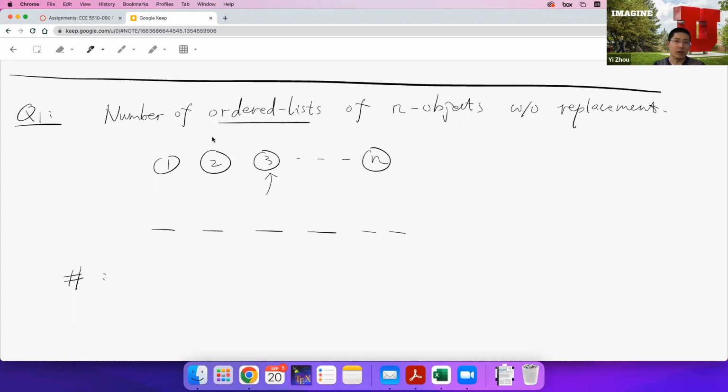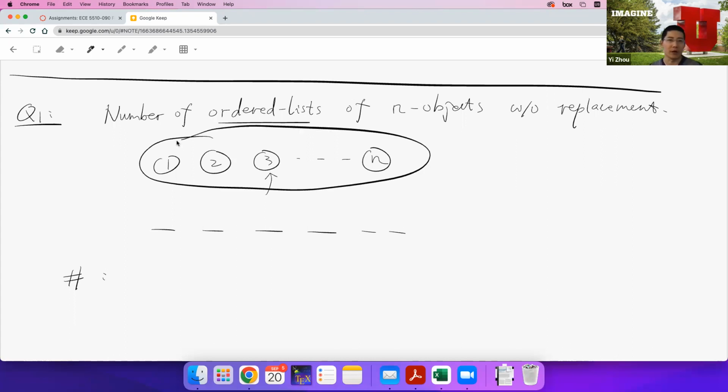Suppose these balls are in a black box and you randomly grab one, number 3, and you place it somewhere in these positions. When you place the first ball, how many choices do you have? You have N different choices. You put it somewhere, let's say in the second place.